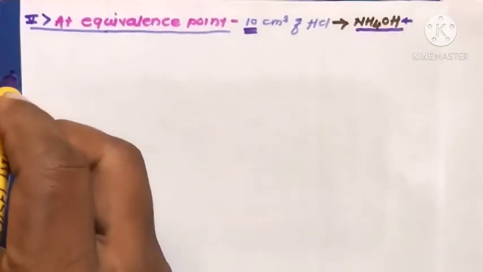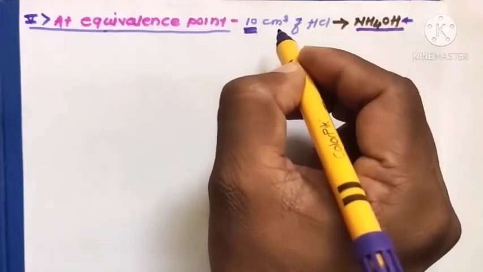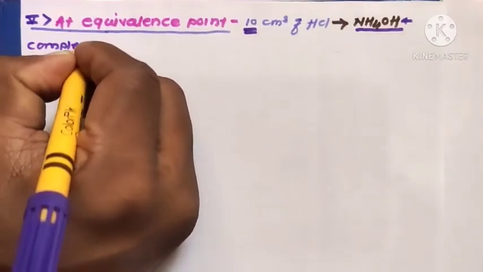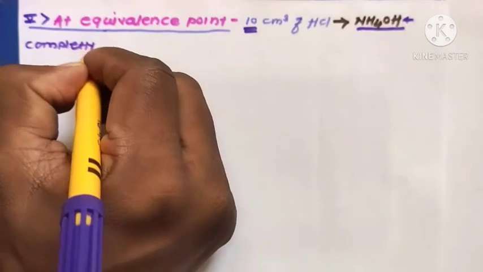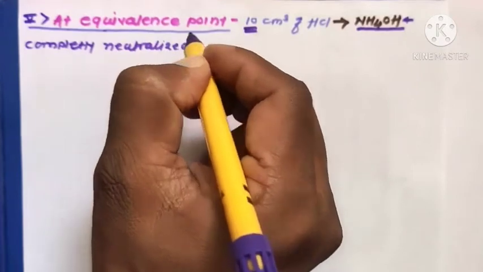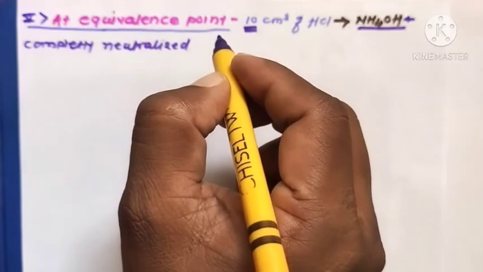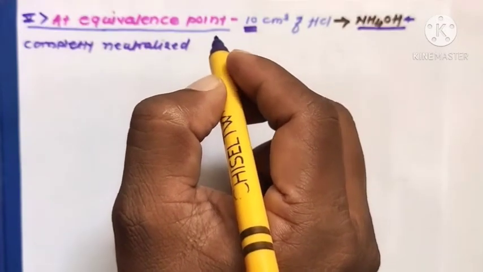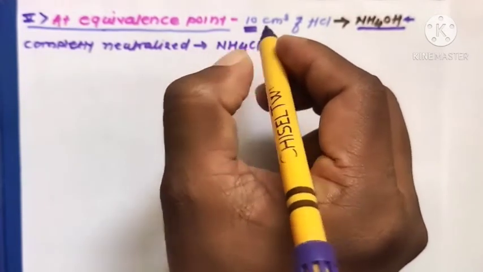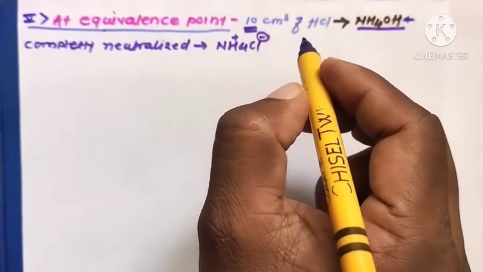So the NH4OH is completely neutralized and only salt will be present, that is, NH4+ and Cl- ions will be present in this conical flask.